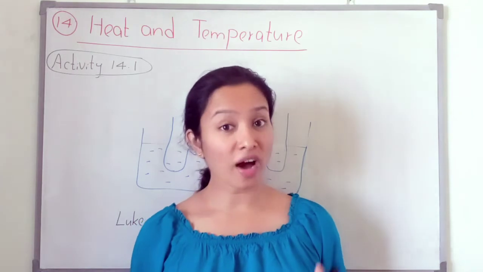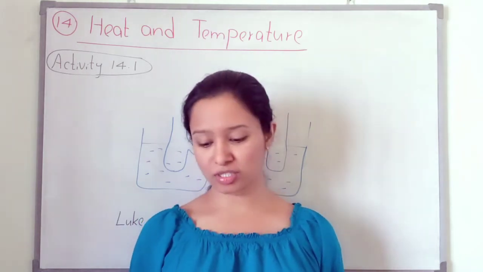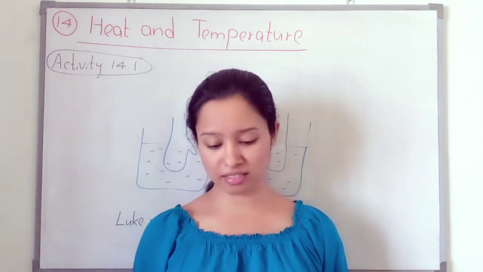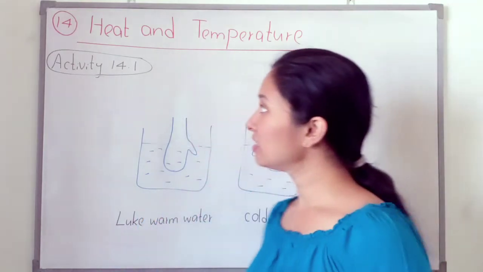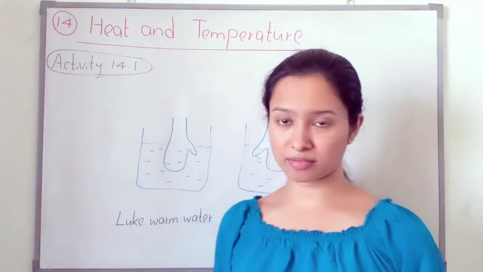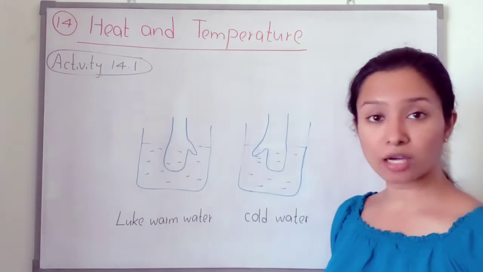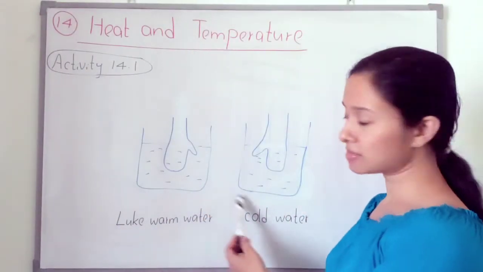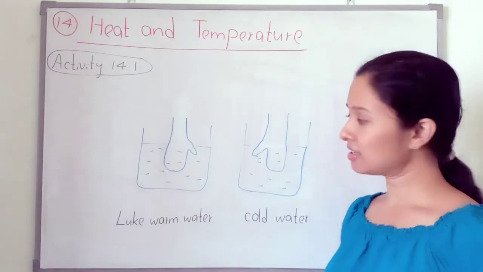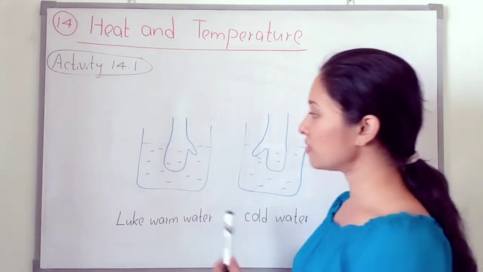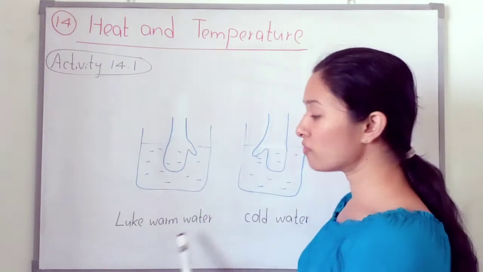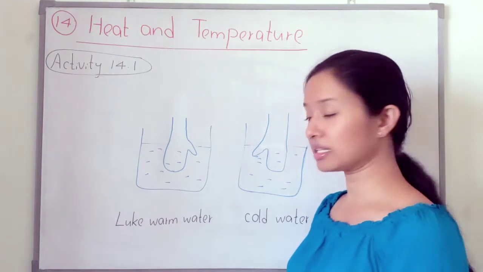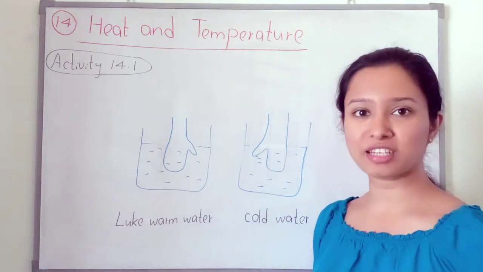Okay, to find out more about warmness and coldness, we can do activity 14.1. Here we have to take two beakers of the same size. To the first one we have to put lukewarm water. Lukewarm water, that means mada unusum jala.